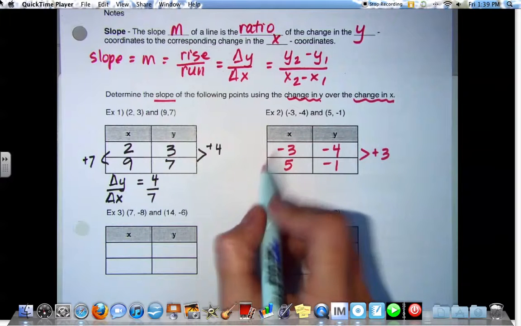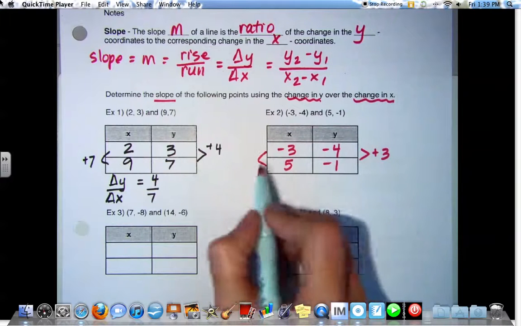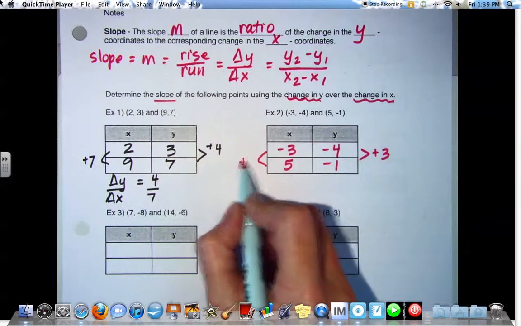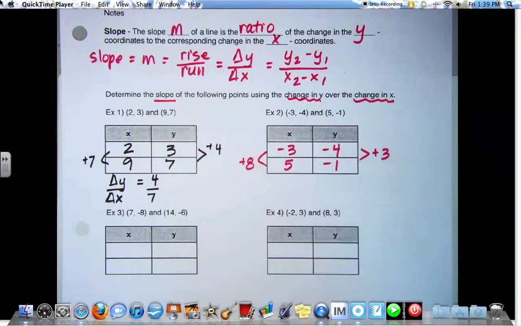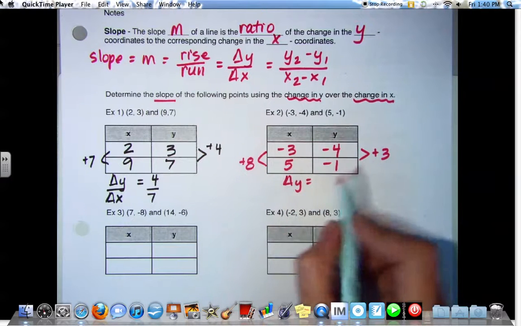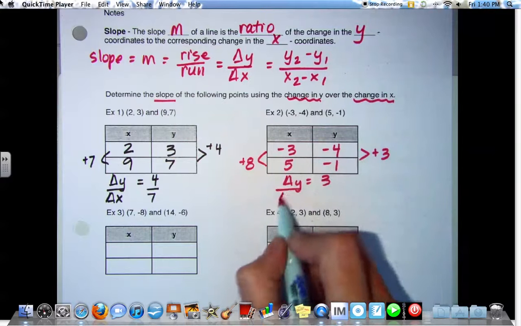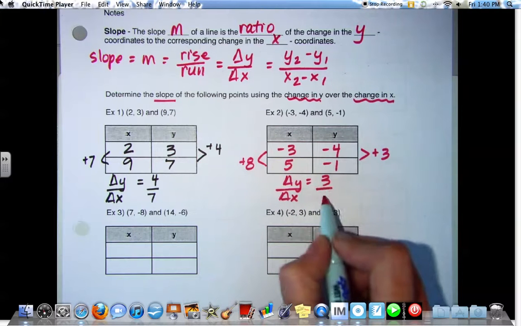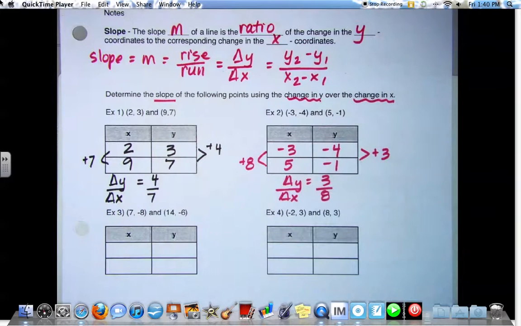And when we go from -3 to 5, we add 8. So the change in y is 3, and the change in x is 8. And there's our slope.